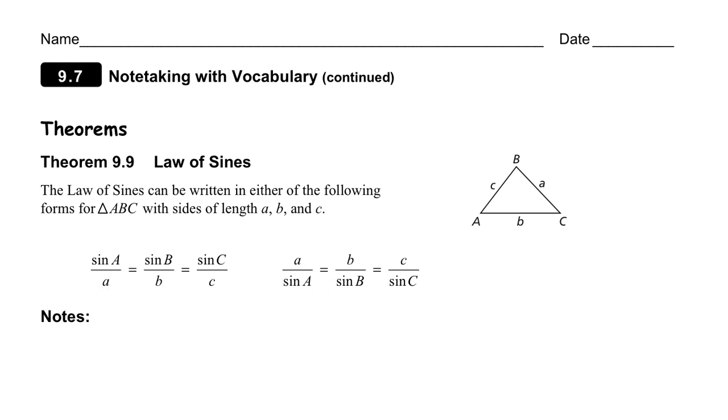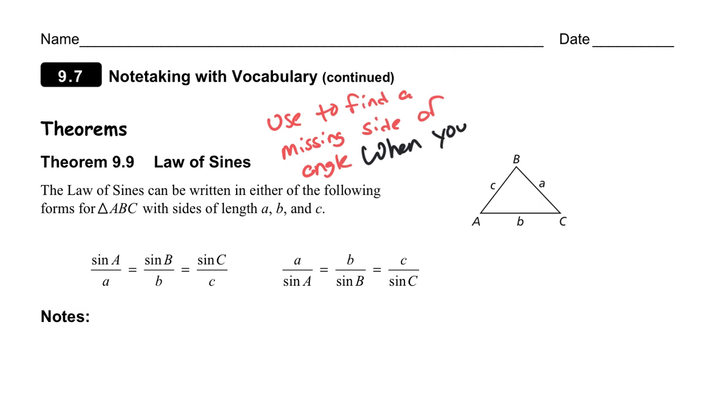You would use the law of sines to find a missing side or angle when you have an angle and its opposite side given.